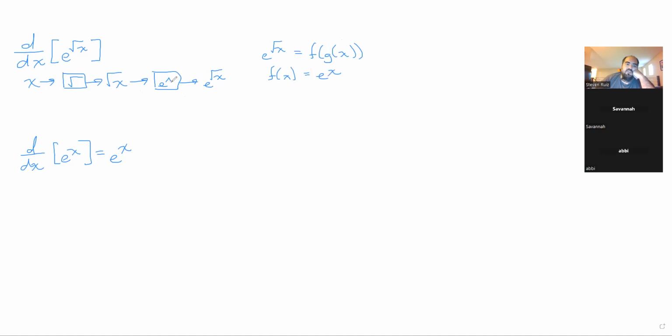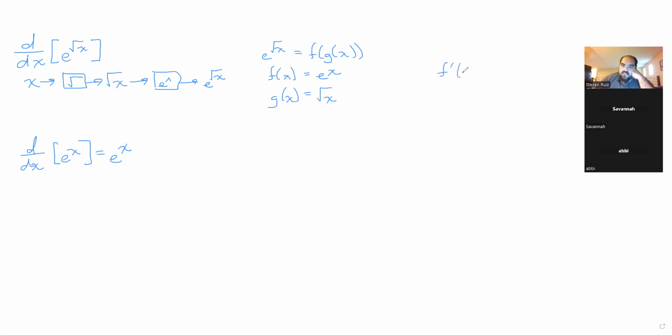This block basically just takes whatever comes into it and raises e to that power. Then the inside function is going to be square root of x. Right. We okay with that so far? Yeah. Okay. So from there, I can take derivatives of both of these things.